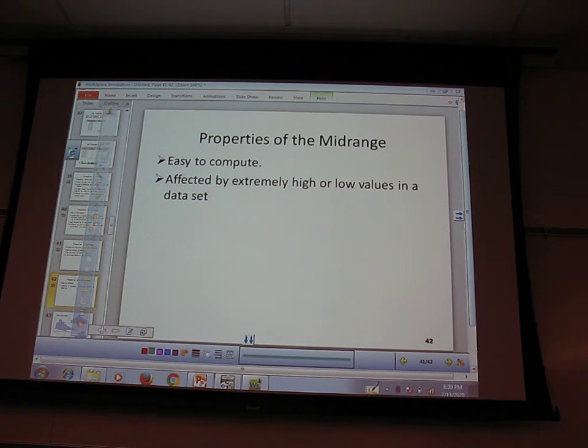If they used mid-range for the average with Michael Jordan, then the mid-range of the income would have been $5 million, right? And it's crazy to say the average geology major at UNC makes $5 million. So mid-range is a little bit worse.